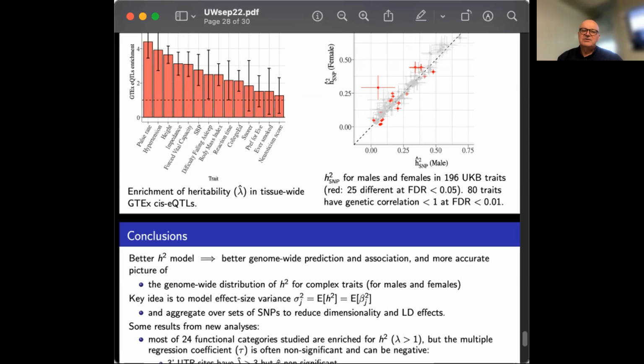So LD score regression and all the generalized versions I've been talking about rely on population structure effects having been eliminated in the primary GWAS analysis underlying the test statistics. Putting in that intercept term might help a bit, but doesn't give you any guarantee of protection from population structure. So we haven't solved the population structure problem; we have to rely on the original GWAS authors to have dealt with it adequately.